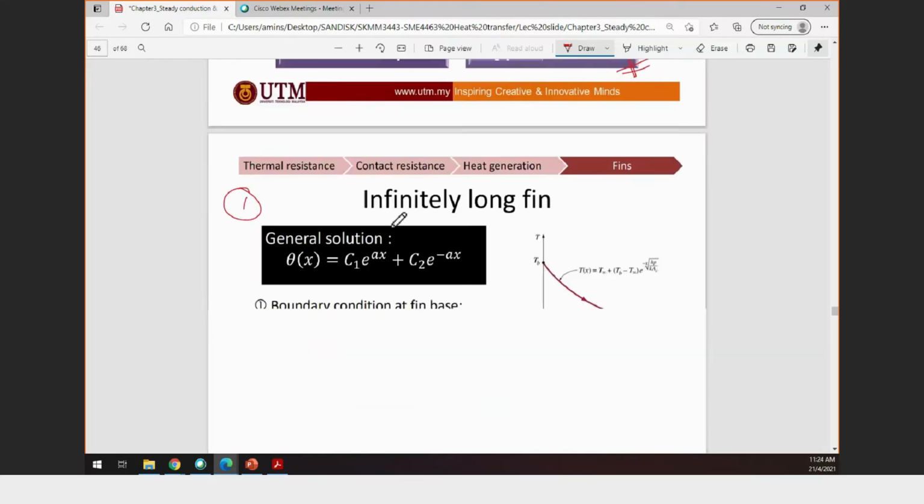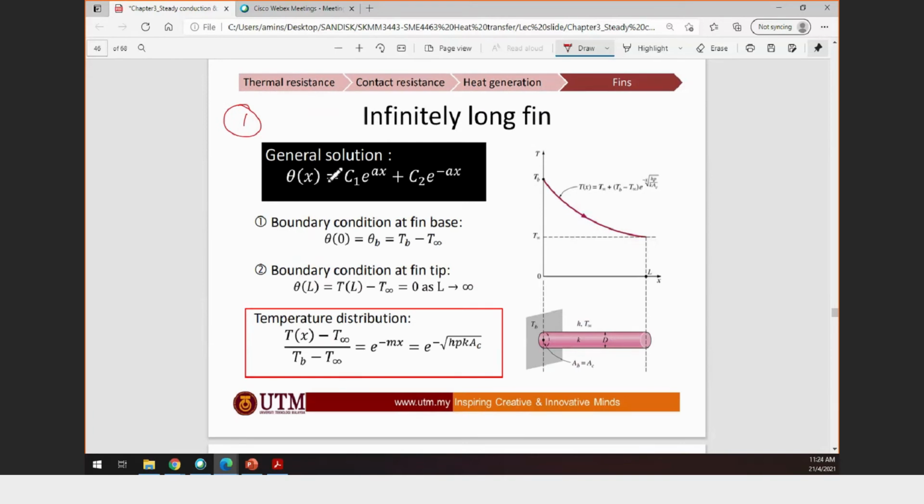Using this general solution and the boundary condition for the infinitely long fin, you may get the temperature distribution in this particular equation. So this is the equation of temperature distribution.